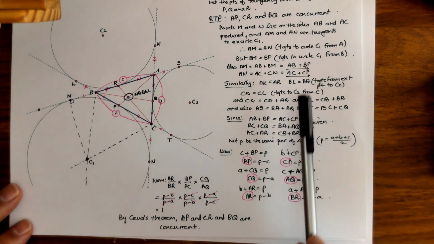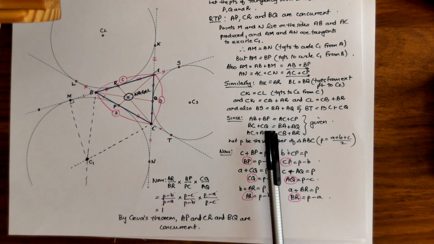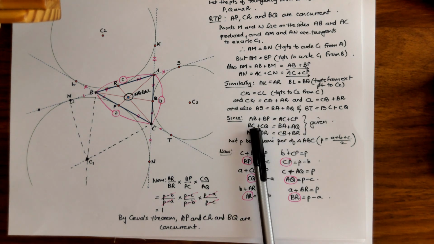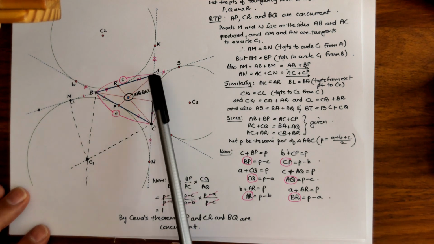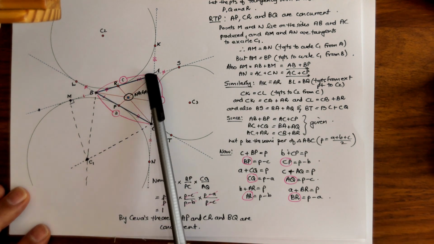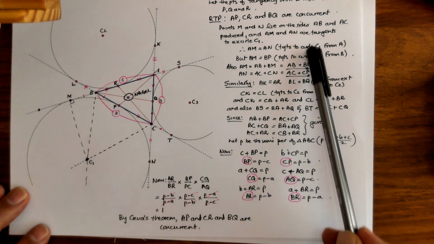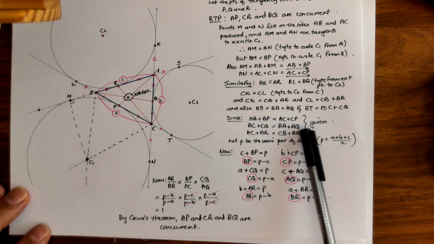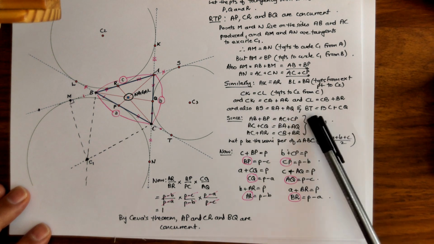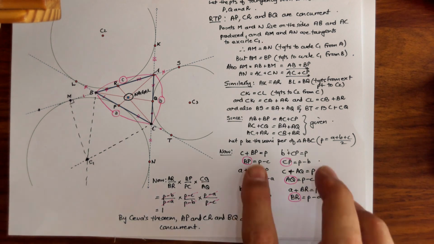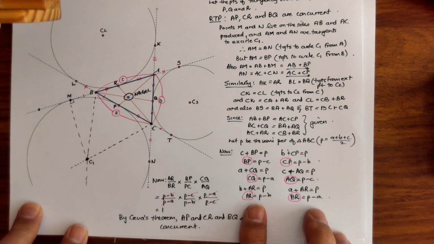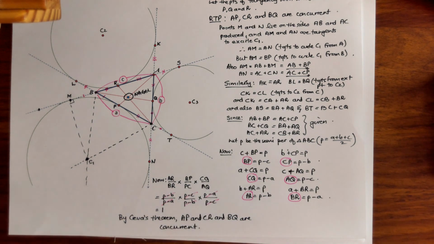The reason why I'm including them here is because this could have been broken up into two parts. We could have asked to show that AP plus BP is equal to AC plus CP. There's your proof. And then from that information, we work on towards the relationships with the perimeter. We use Ceva, and we see that they are indeed concurrent.